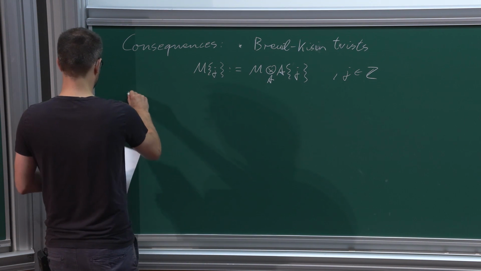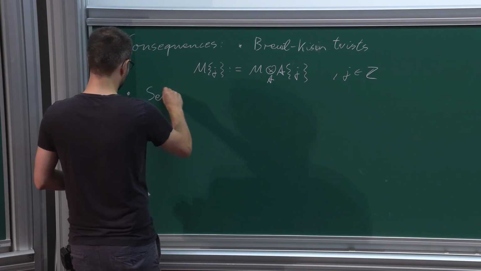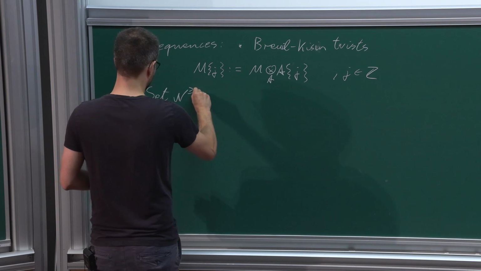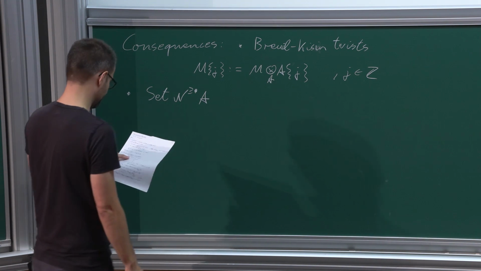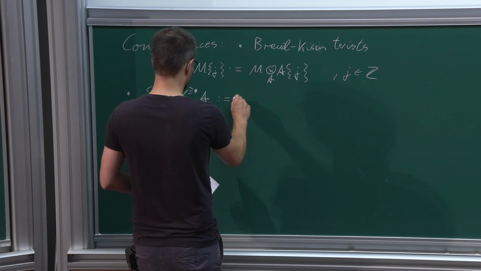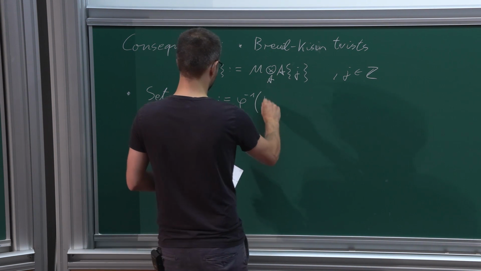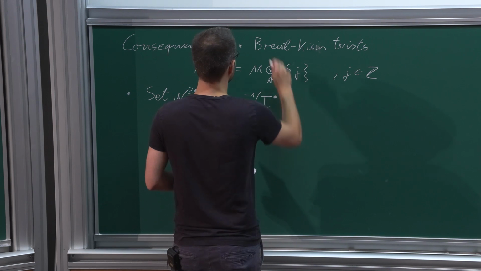And now let me also define the Nygaard filtration on the prism, just as the Frobenius inverse of the I-adic filtration.